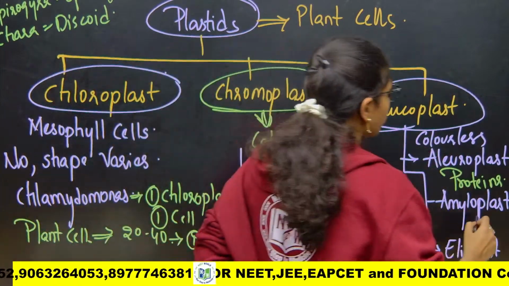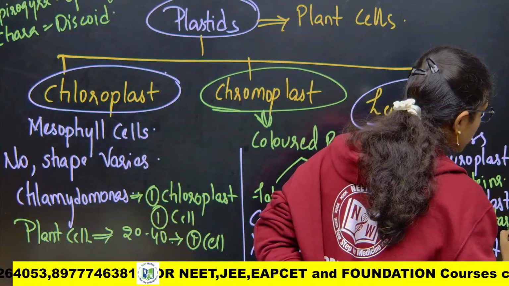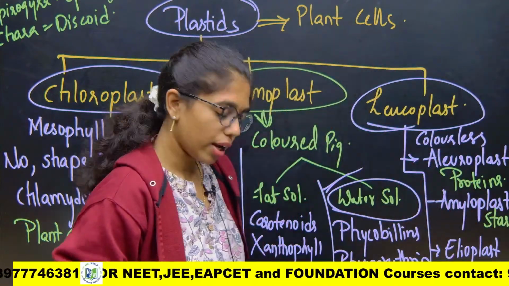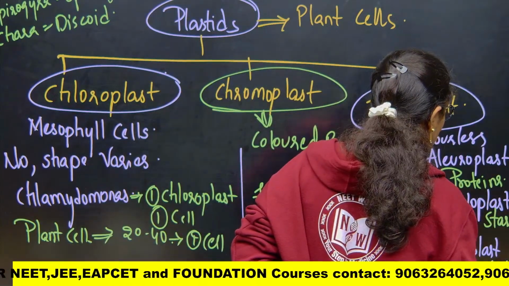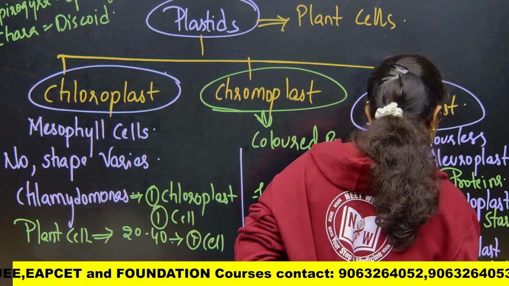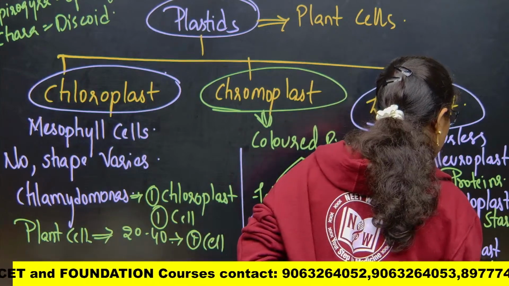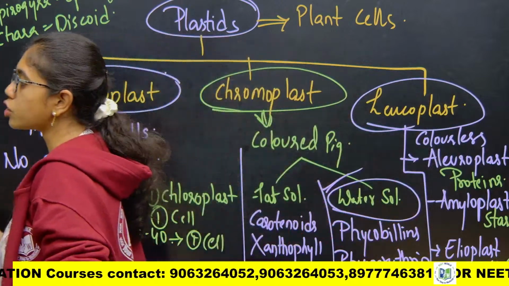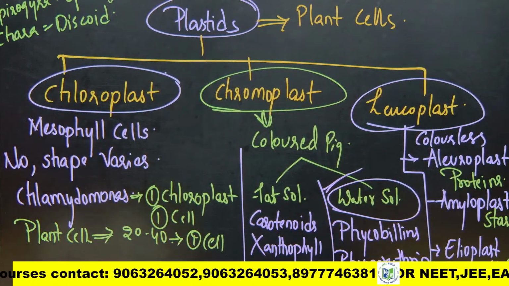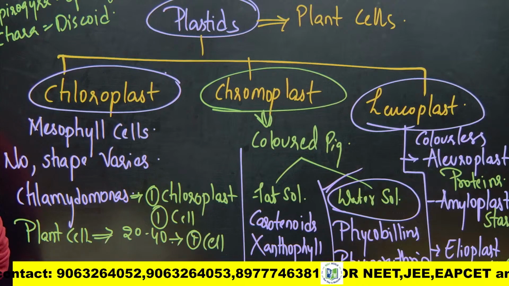Amyloplast will be storing starch. Elaioplast will be storing oils and fats, or lipids. Clear? This is all about the plastids. Understood? Okay.